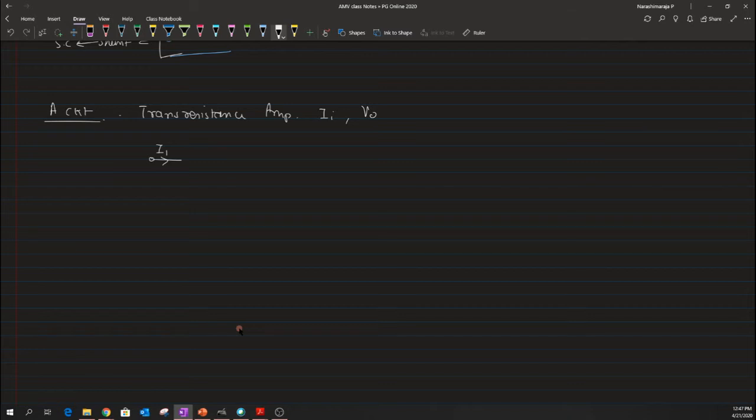We need to remember those things now, and the gain of this transresistance amplifier is defined as the output voltage V naught to the input current Ii. With these things in our head, let us move all these impedances.